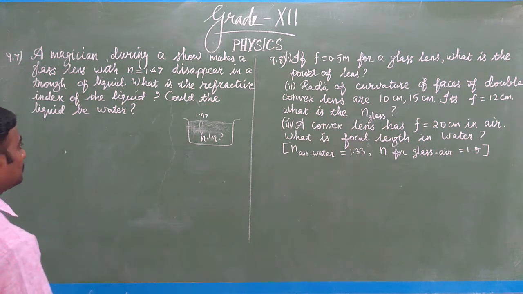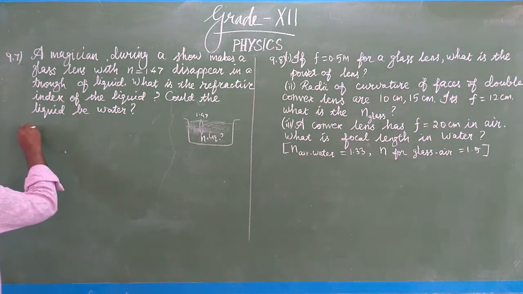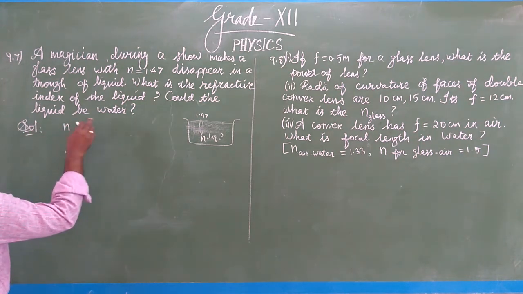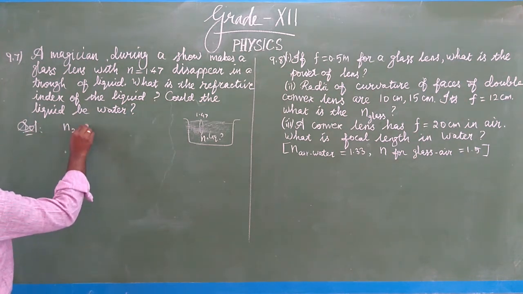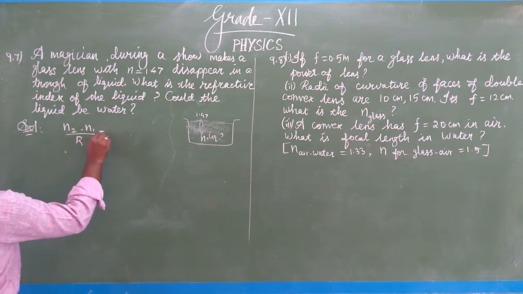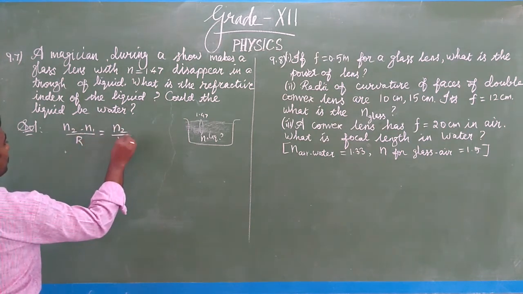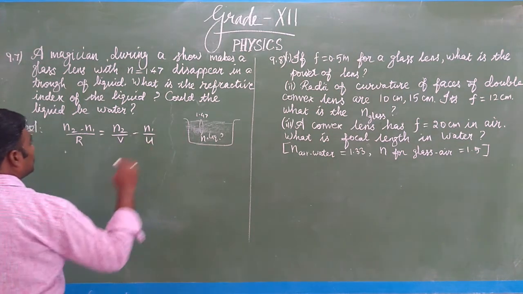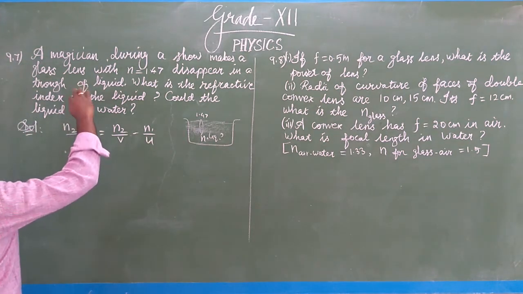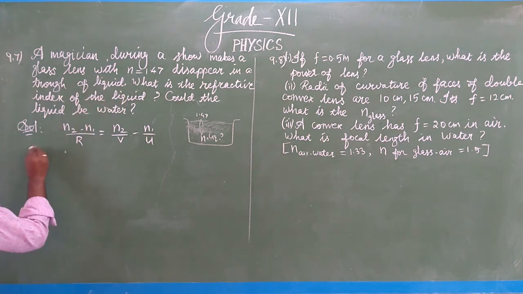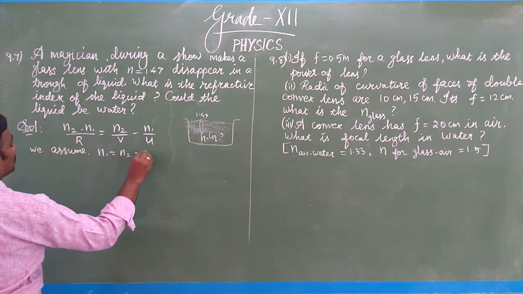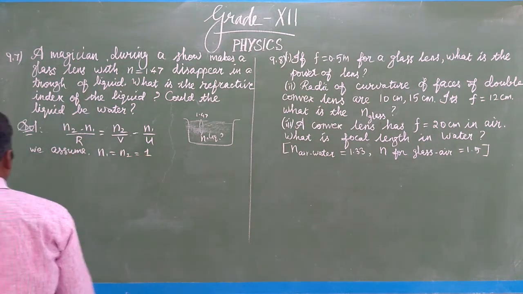How to find? Already we know the relation. Two different refractive indices are given. So (N2 minus N1) by R is equal to N2 by V minus N1 by U. But in these conditions, both have the same refractive index. So we assume N1 and N2 are both the same, equal to 1.